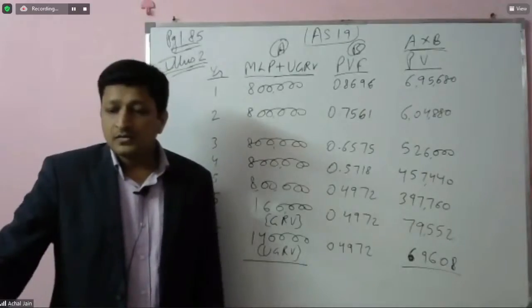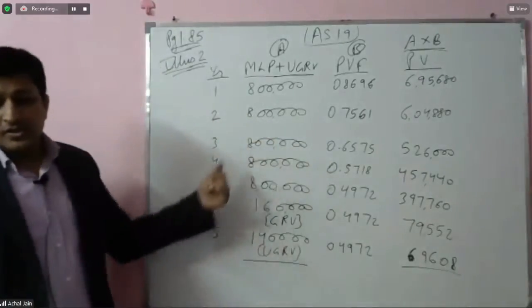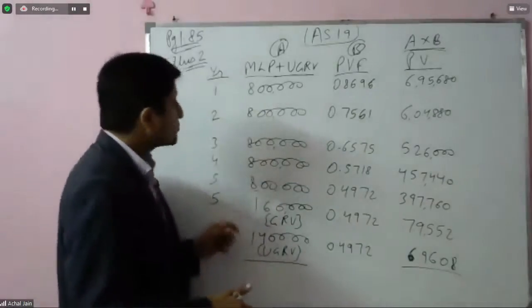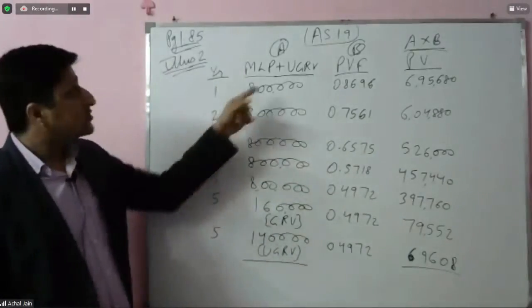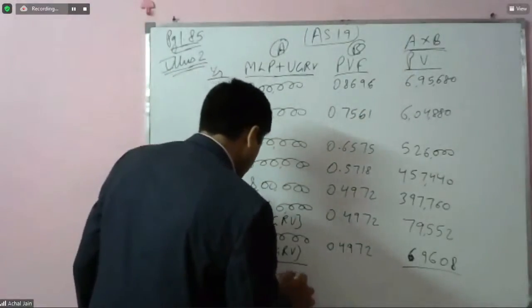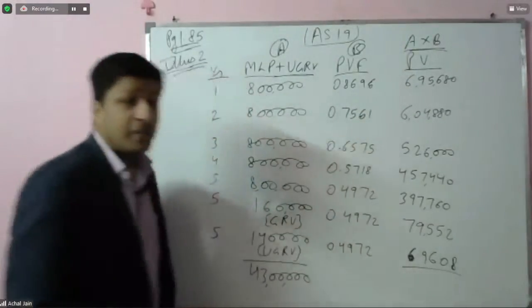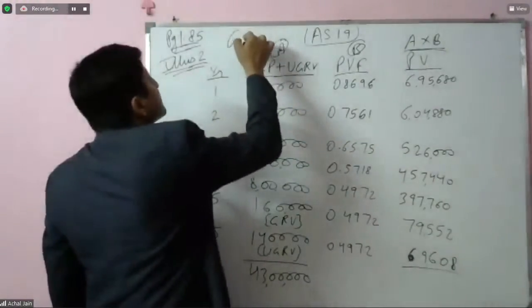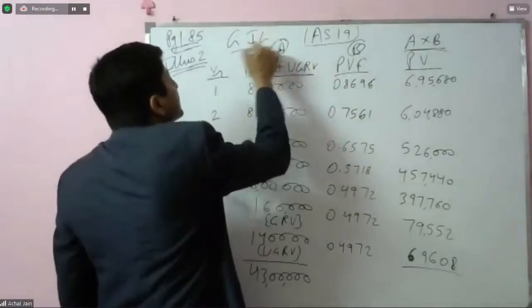Okay, so Anushka is saying total of these two is 43 lakhs. So these two means MLPs plus UGR. Now MLP plus UGR, what do we call it as? This is also called as gross investment in lease.